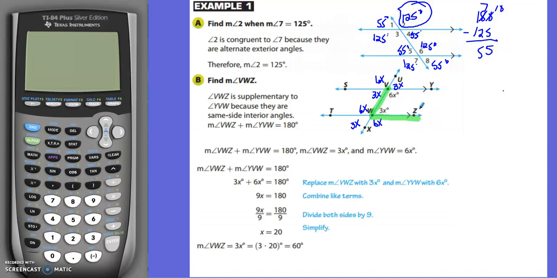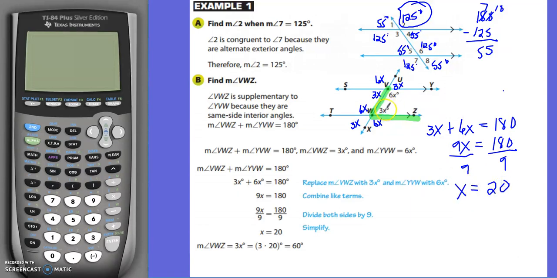We want to know what this one is. Well, based upon supplementary, 3x plus 6x equals 180. Combining like terms, we get 9x. We're going to divide both sides by 9. I get 20. But I don't want to know what x is, I want to know what 3x is. So 3 times 20 is 60.